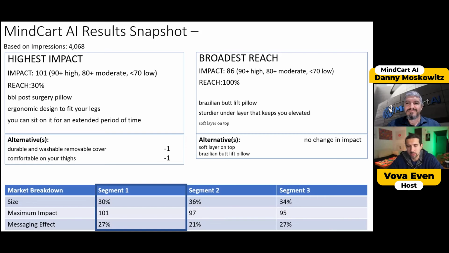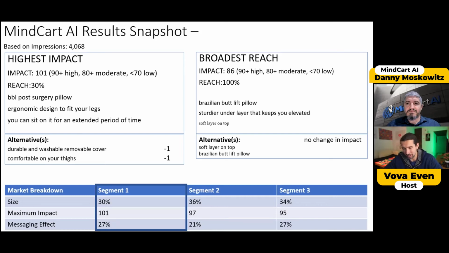Let me see if I can sum it up here. So on the left, highest impact, we're targeting the results we get from MindCart. It says the highest impact is the keywords or phrases that, if we put them in our title, the segment of people that see them and click are most likely to buy.